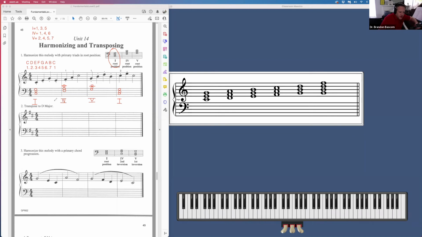So because you know that, you can write those in for our new key, D major. All right. Now for D major, what was our C is going to become our D, and so on down this line.